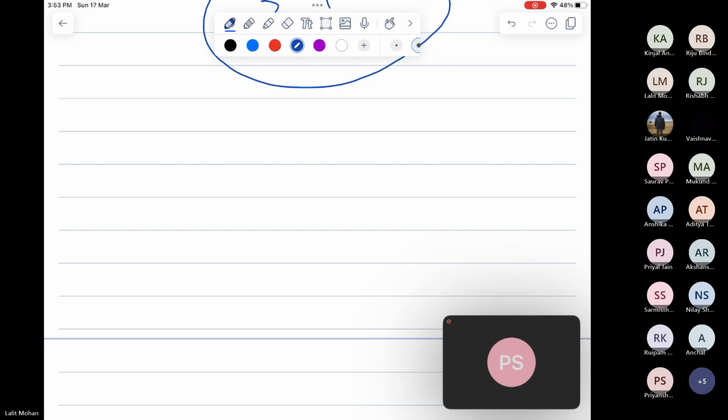We'll see later on. Give an example of a discontinuous function.